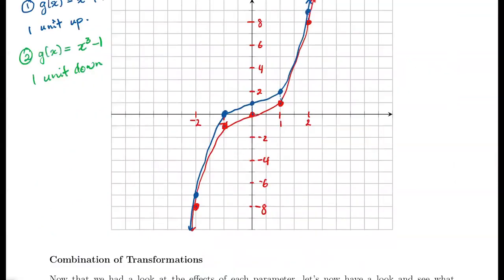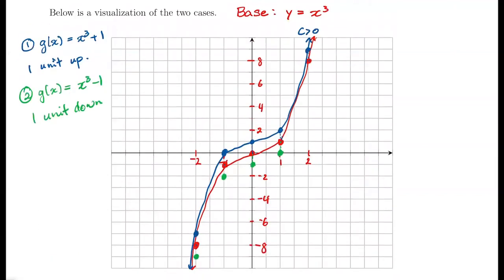So if we're going to go down from the base function, we're just going to go down 1 instead. Take this point, go 1 unit down, and so on. This point is coming here, and this point comes here. So this is what the function in green would look like then. Like that. So that's when c is less than 0.